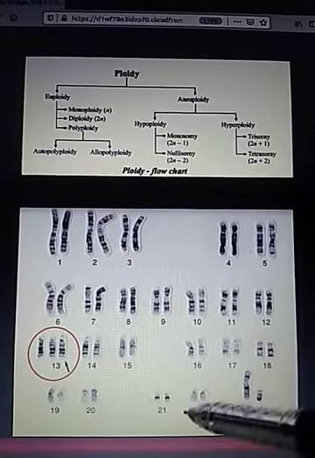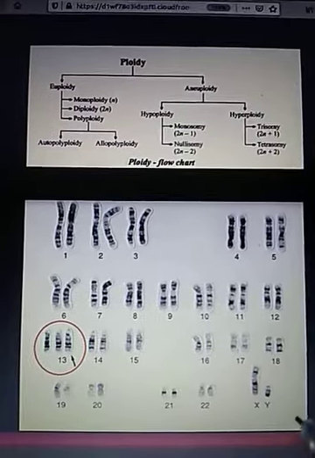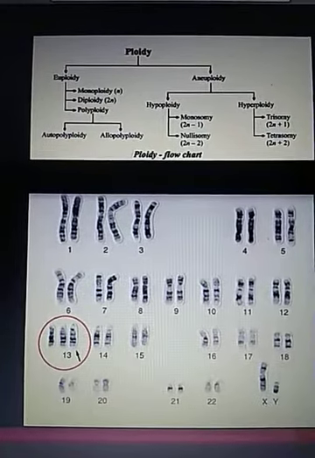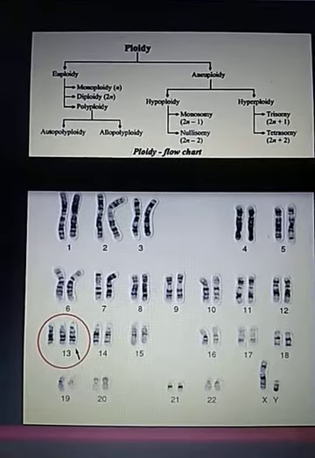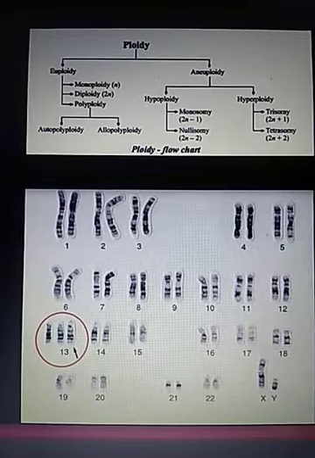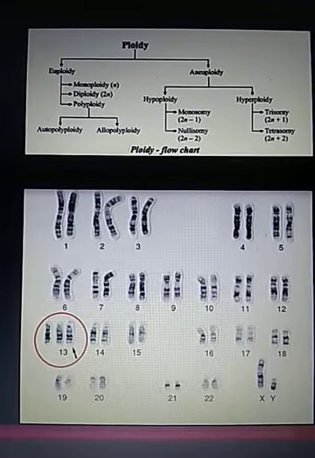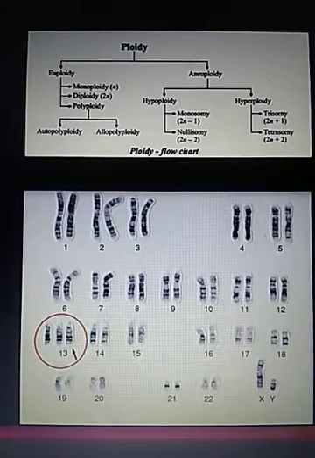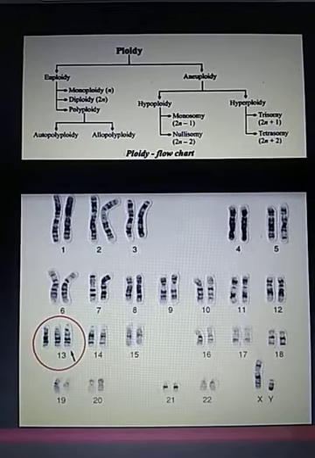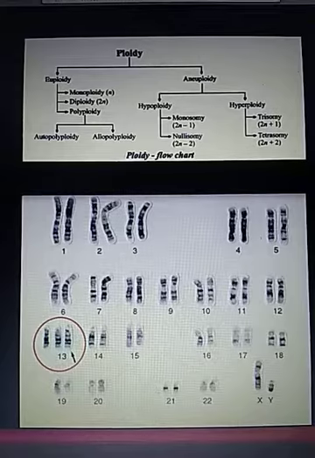So what is the overall number? 44 plus X, not a second X, because the second X is missing. People with Turner syndrome typically have one X chromosome instead of the usual two sex chromosomes. Turner syndrome is the only full monosomy that is seen in humans. All other cases of full monosomy are lethal and the individual will not survive.